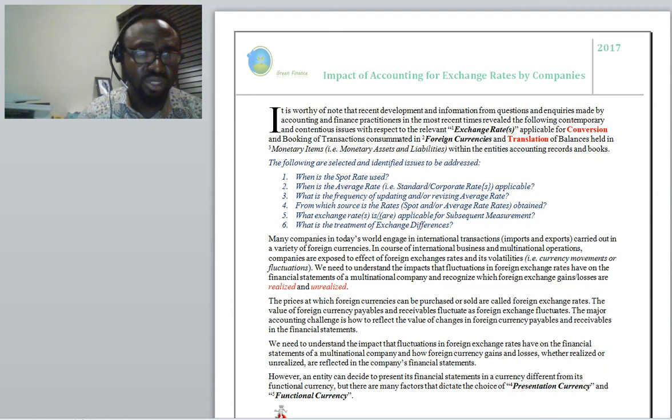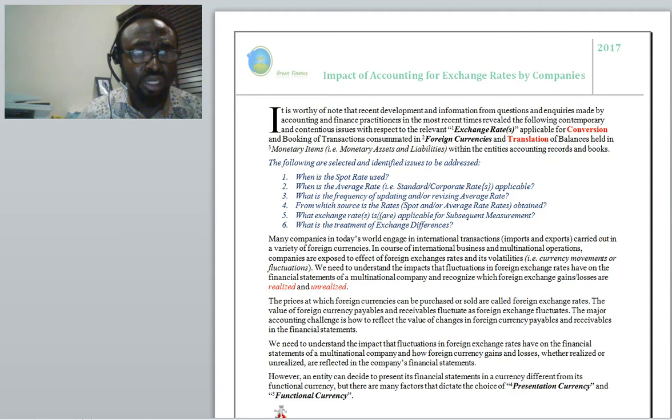Likewise, a presentation currency can be considered as the currency in which a company presents or reports its financial statements. It is normal for us to say that our functional currency should be our reporting currency.